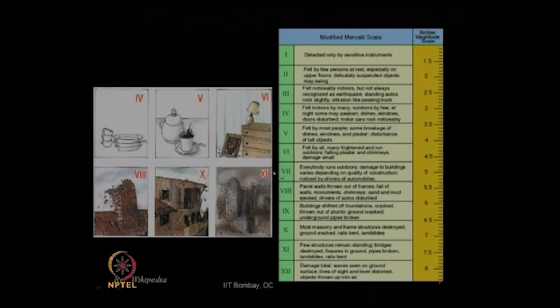The intensity scale in that case may be 0 or very low, but the Richter magnitude or actual energy release may be pretty high. That is why I said conversion from Richter to MMI is not correct, but once somebody has faced the damage and felt a large earthquake, obviously you can go to the magnitude scale, which is based on the quantitative assessment of the energy released.